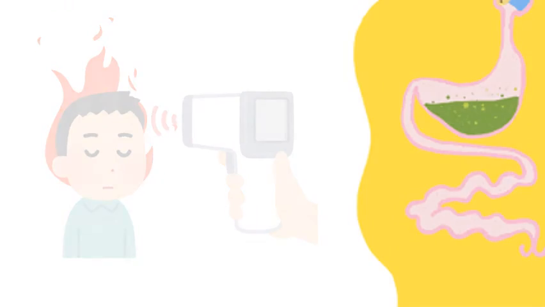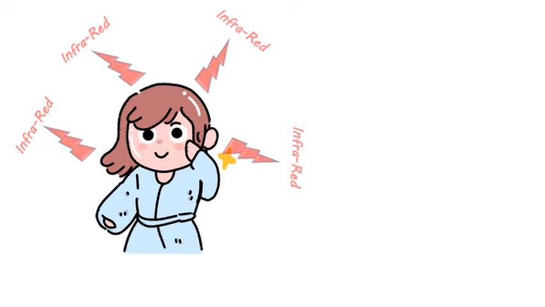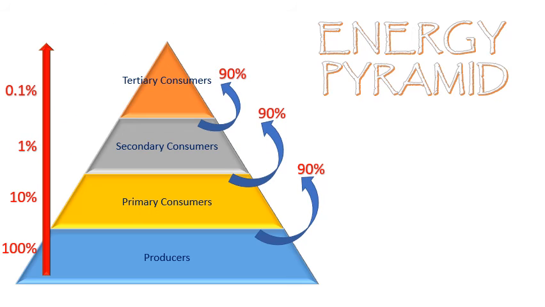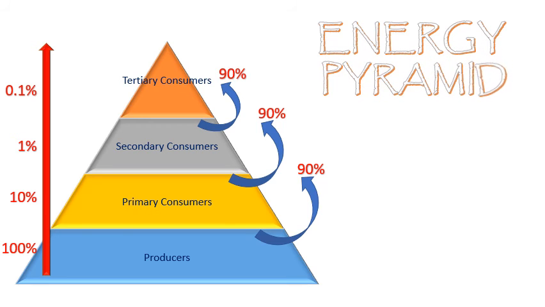The food we are eating gets digested, and after metabolism, the energy is released as body temperature in the form of infrared radiation. So this is the energy that reaches the tertiary consumer.